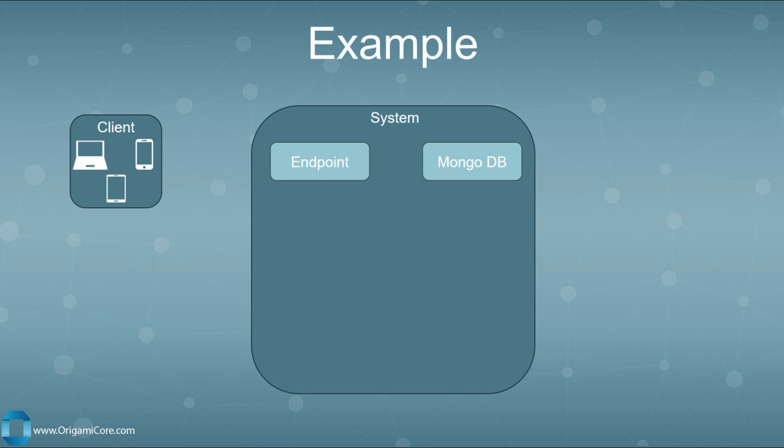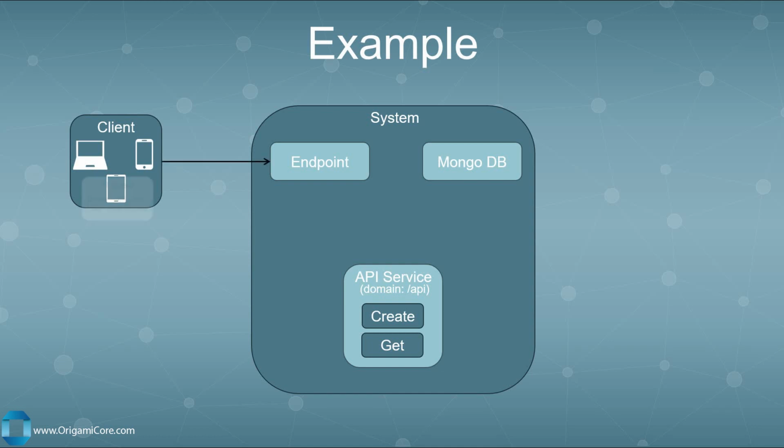Then, a developer creates a module called API that includes 2 services. The first service stores the message, and the second service retrieves the messages. First, the user sends their request to the server, which includes the domain, service, and message. The endpoint module finds it and sends it to the API module.